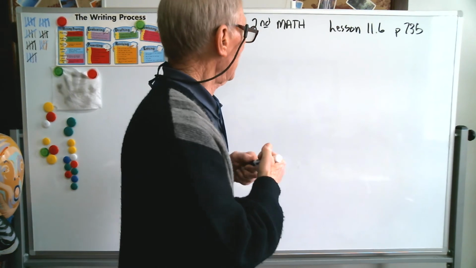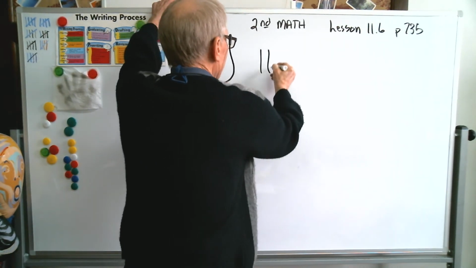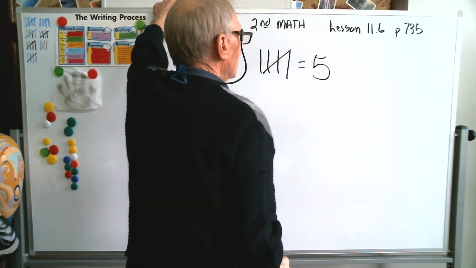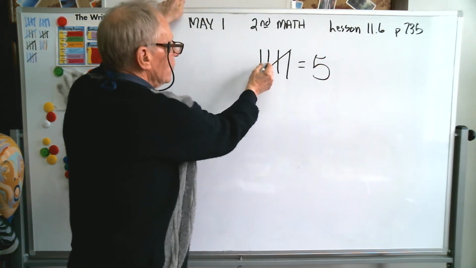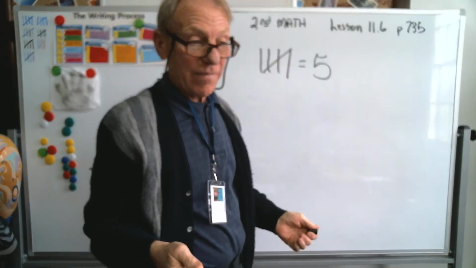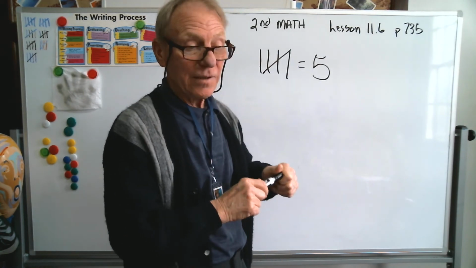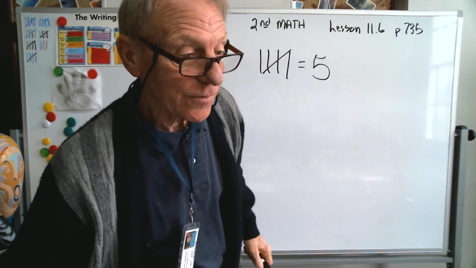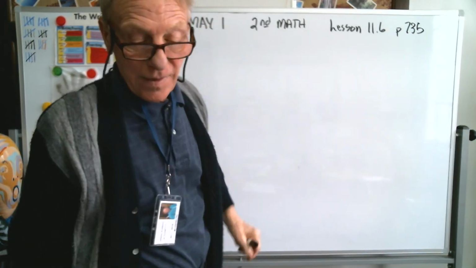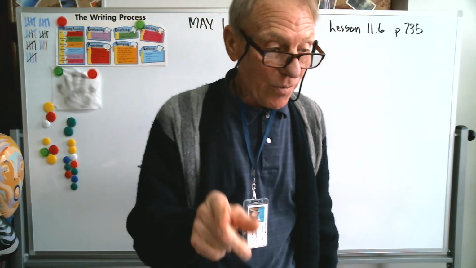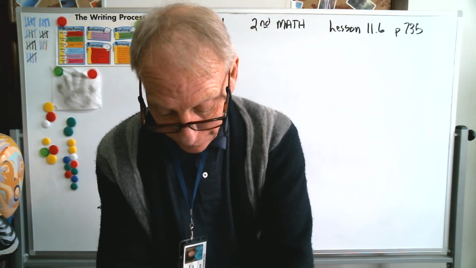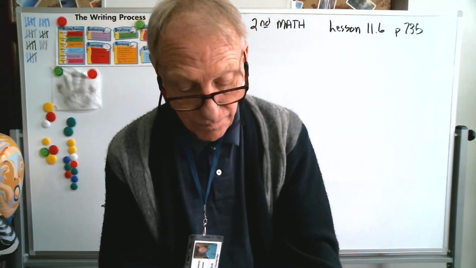And remember, when on a tally chart, when you see this, that equals 5. 1, 2, 3, 4, and then the diagonal line is 5. So when you see that, it's 5. So you got to count the hash marks and tell them how many people chose basketball. That I'm sure you won't have any problem with. That concludes 11.6.